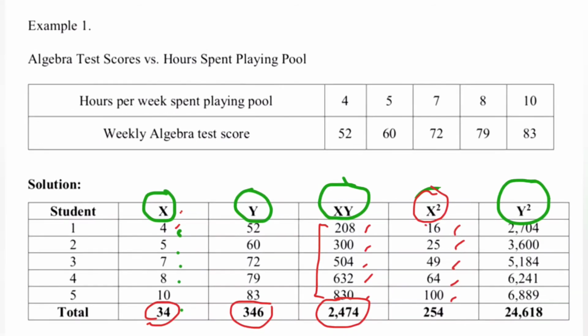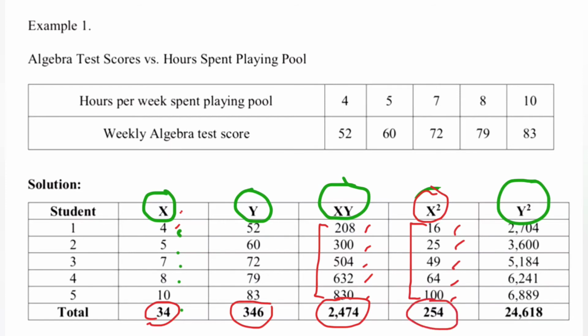Okay, since nakuha na natin lahat ng value ng x squared, ang kailangan nating hanapin ay yung summation of x squared. Kasi yun yung isa sa mga requirements ng ating formula. Para makuha yung summation of x squared na yan, we have to add all of this data. 16 plus 25 plus 49 plus 64 plus 100. It is equal to 254.